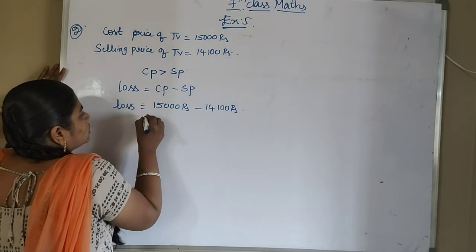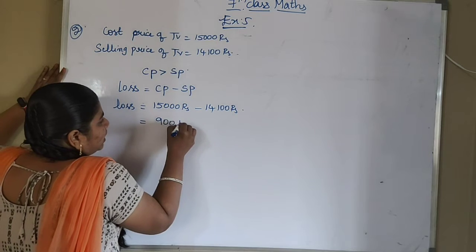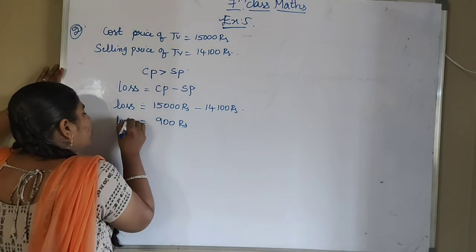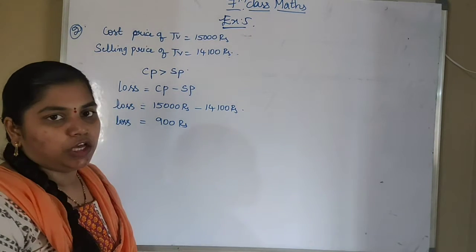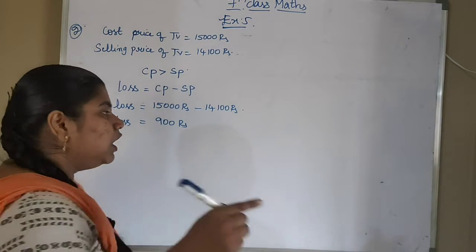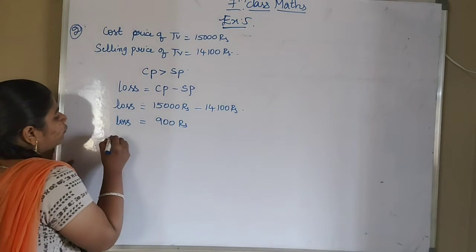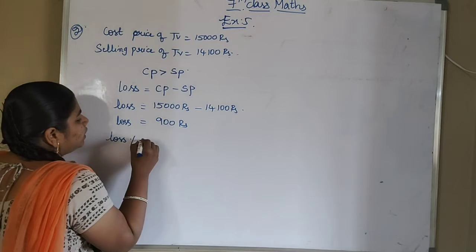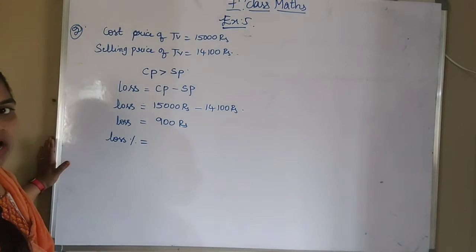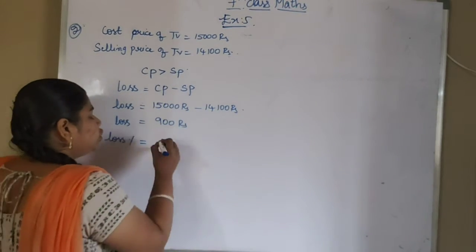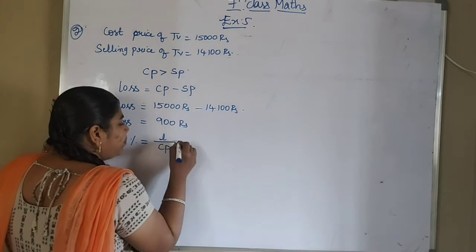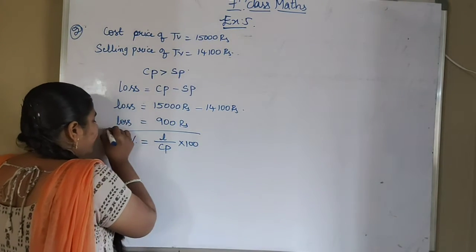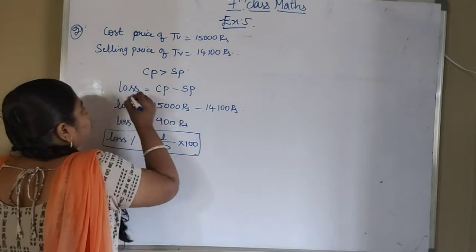So what is the loss value? That is 900 rupees. So after selling the TV, he got a loss of 900 rupees. Now what do we have to find? We have to find the loss percentage. How to find the loss percentage? Loss by CP into 100. Again we have used two formulas here.